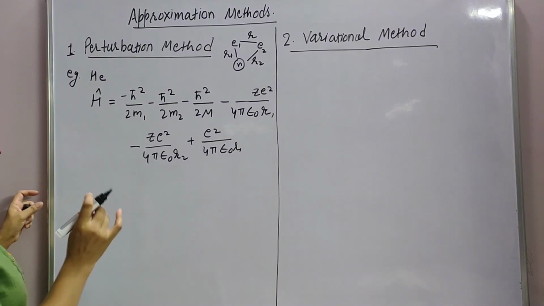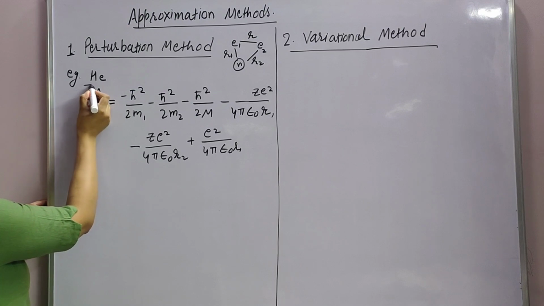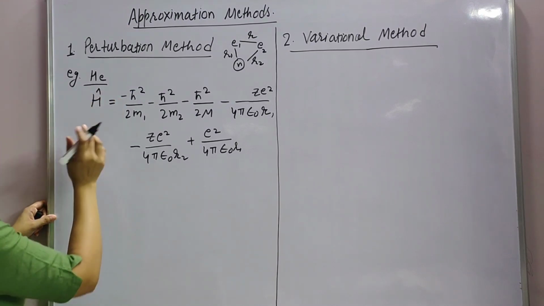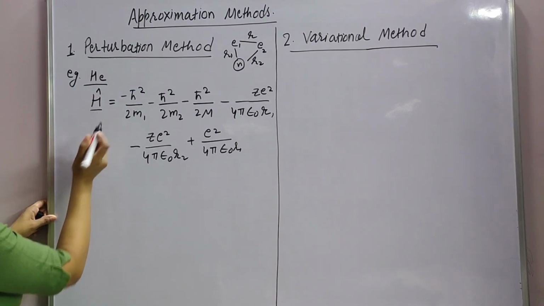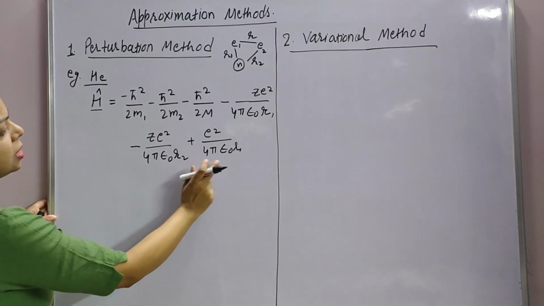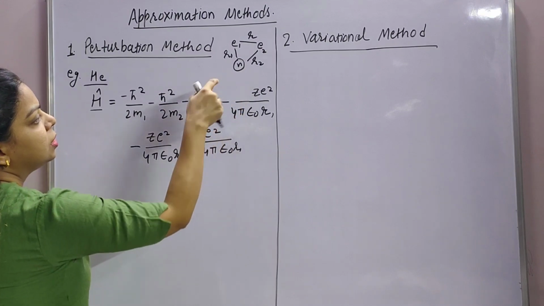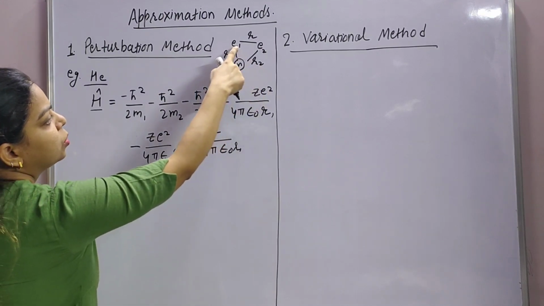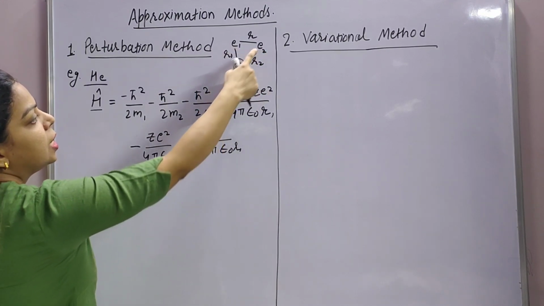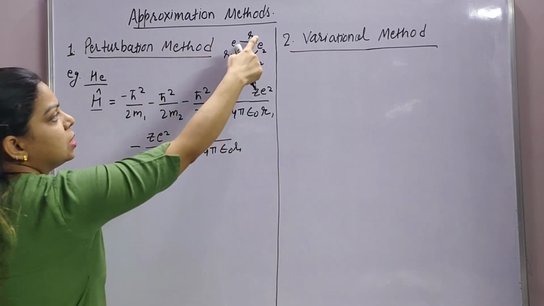So for perturbation method I have considered helium atom. So let's see, for the helium atom the Hamiltonian operator can be written as this. We have two electrons, one nucleus, distances r1 and r2, electron 1 and 2 are apart from nucleus and the distance between two electrons is small r.